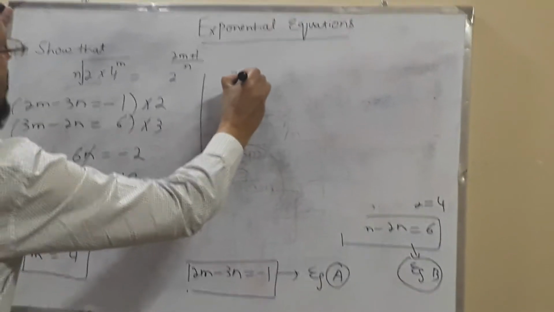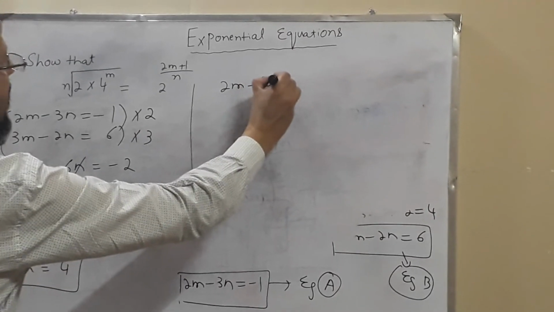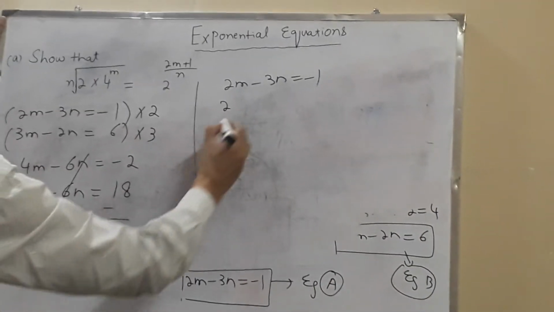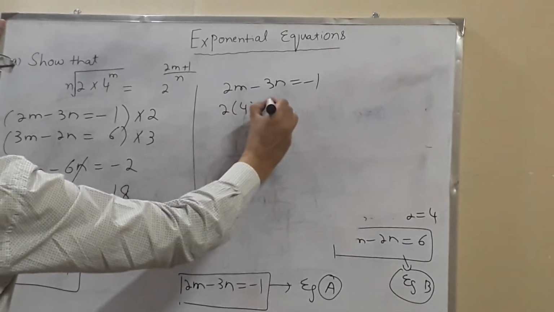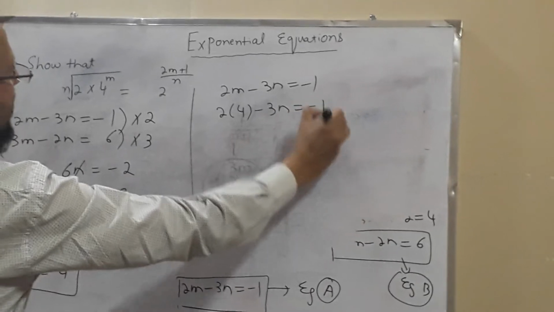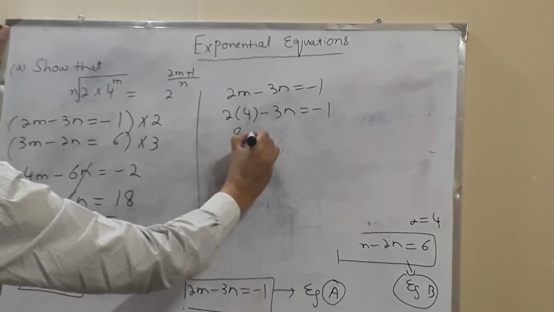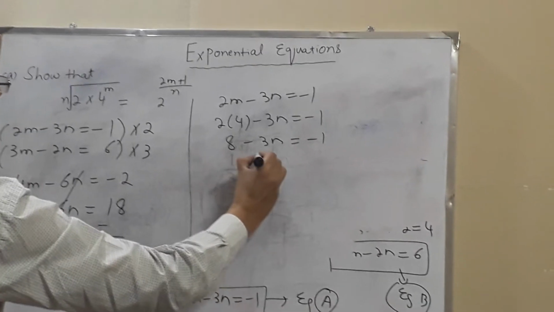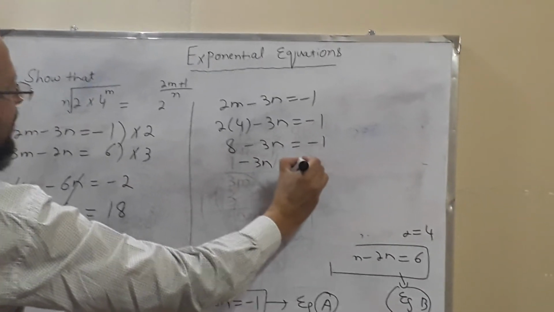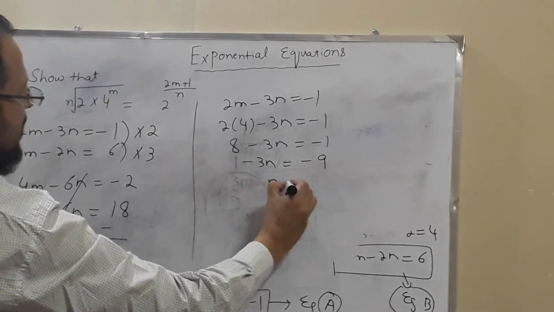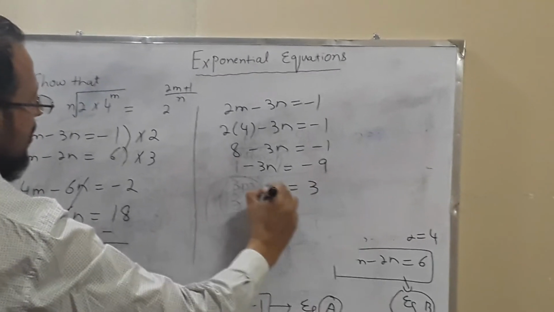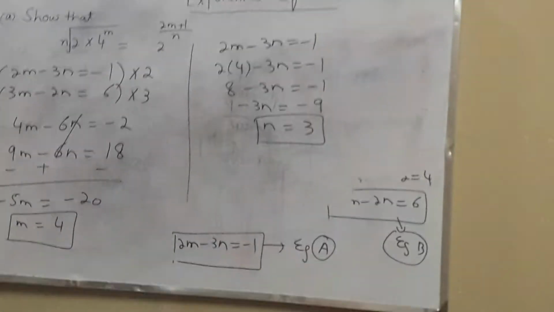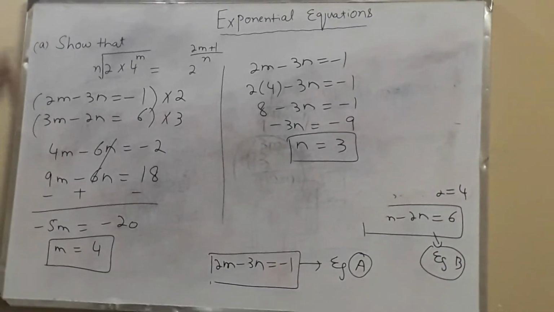It says 2m minus 3n, which is equal to minus 1. The value of m is 4, so it's going to be 2 times 4 minus 3n, which is equal to minus 1. So it's going to be 8 minus 3n, which is equal to minus 1. So minus 3n is equal to minus 9, and n is equal to 3. So the values of m and n are going to be 4 and 3.